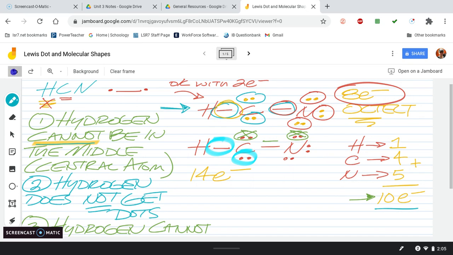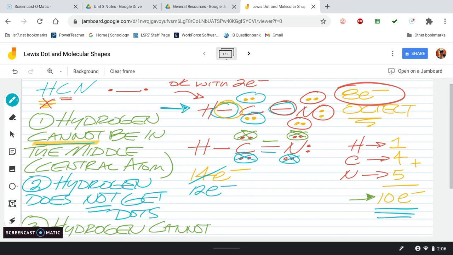12 is not 10. What I'm trying to do is get over here to 10. We now have 12, so we just do it again. We add another bond. That's going to make this a triple bond. And then I have to remove a pair from each side of the new bond.